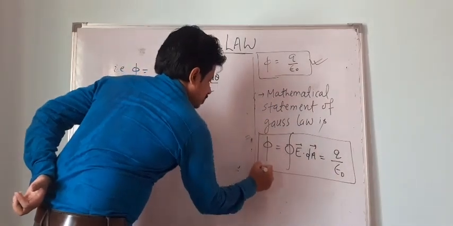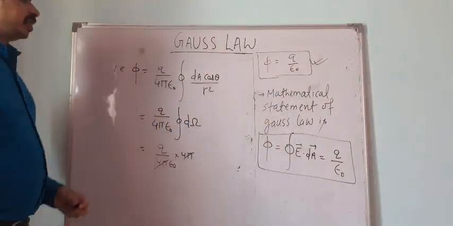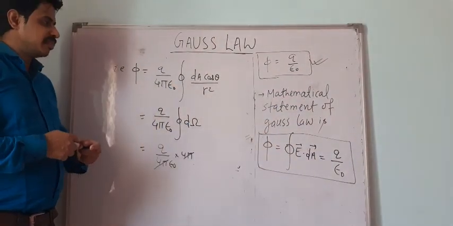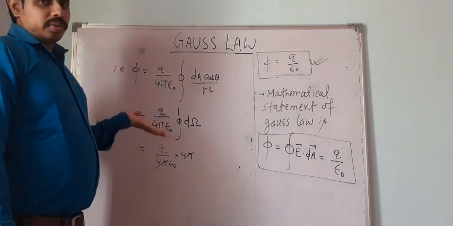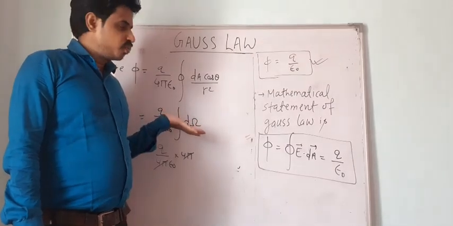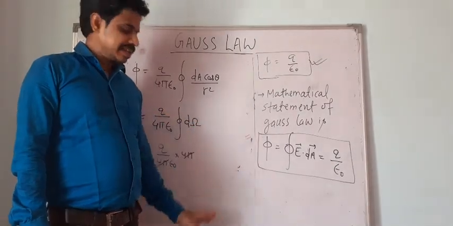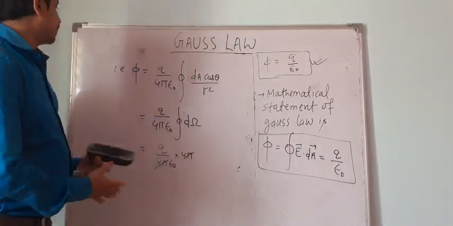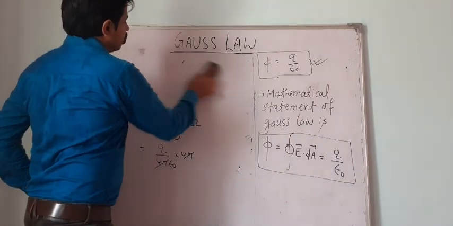So this is the mathematical form of Gauss law. We saw the statement of Gauss law, we saw its proof, and now its mathematical statement. Some more points we can note about Gauss law.